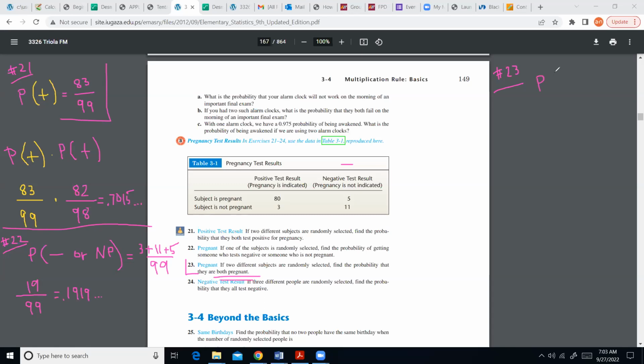Well, probability that a subject is pregnant is taken out of total 99. And now we see that pregnant stands for the first row here. So it's 85, right? Some of the tests did not identify, some did. Well, the test is not perfect. The test sometimes tricks people, but it helps, I guess, in some ways, right?